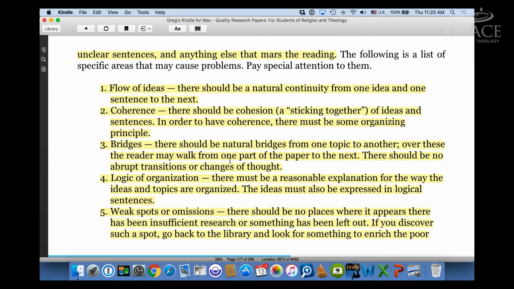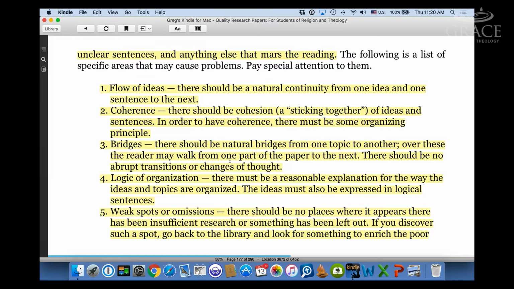In the revision process, the writer needs to look for wrong spellings, bad punctuation, unclear sentences, and anything else that mars the reading. So what you're looking for is the flow of ideas. Make sure there's continuity in your paper. And again, continuity goes back to that outline. Second, coherence.